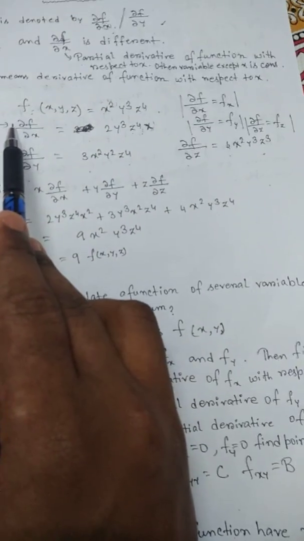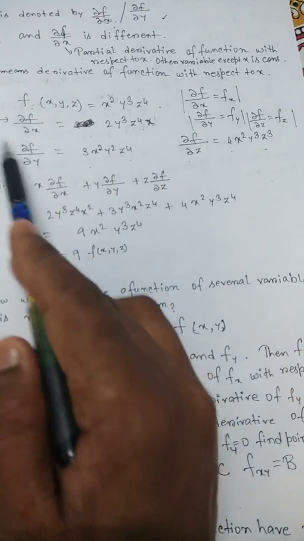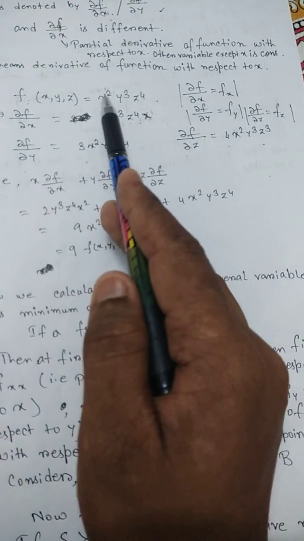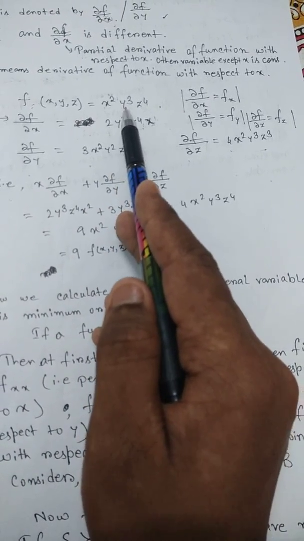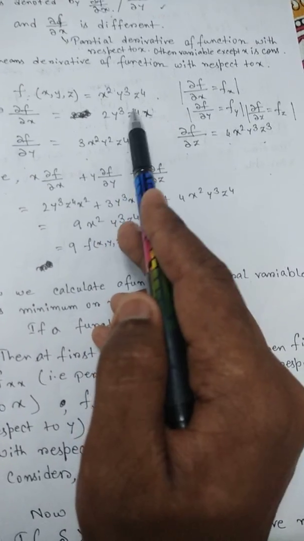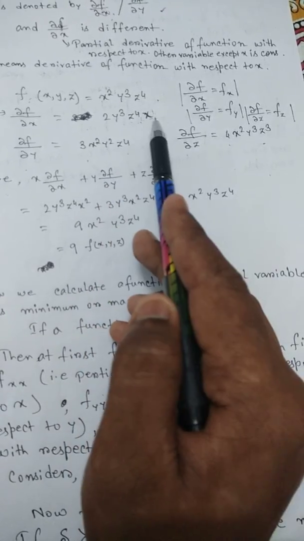Now del f del x is equal to, these are constant, here the partial derivative occurs with respect to x, so only the x derivative occurs, so this is the constant. Then 2y cube z to the power 4, and this is the derivative of x square, which is 2x.